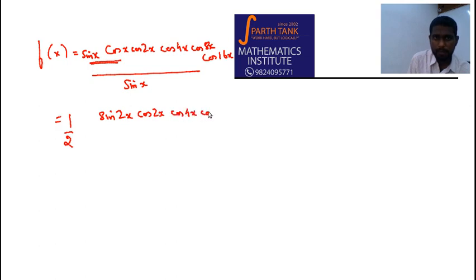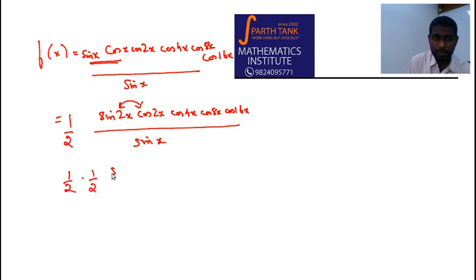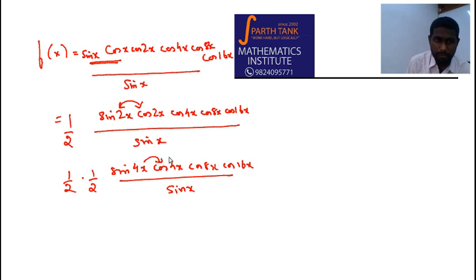Cos 4x, cos 8x, cos 16x by sin x. Now if you combine these two, this becomes sin 4x by 2. I got another by 2 here and sin 4x, cos 4x, cos 8x, cos 16x by sin x. Now if you combine these two, you get sin 8x by 2, right?